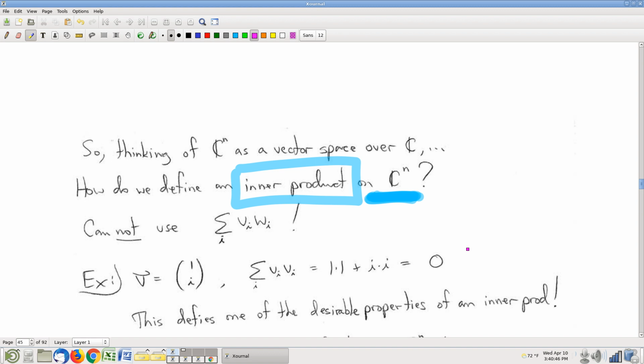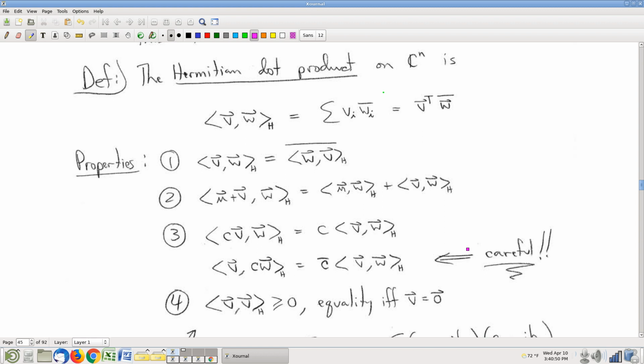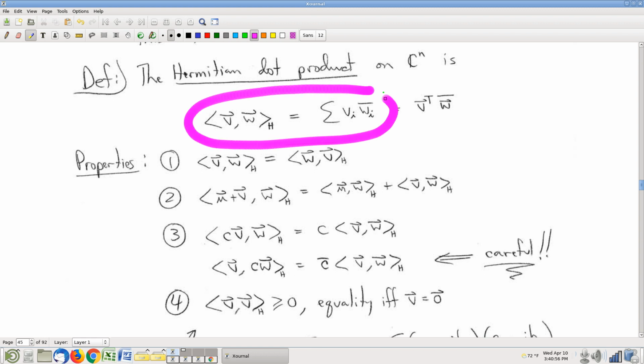So here it is. It's called the Hermitian dot product. Very similar to the dot product. Here's the formula for it. It's a sum of products. At a glance, it looks exactly like the old dot product. The only difference is you'll notice this conjugation right there.